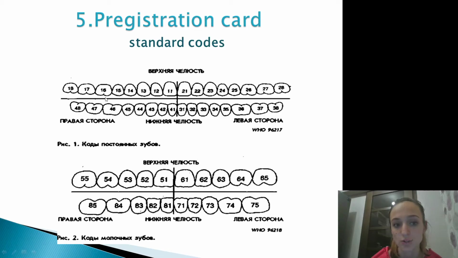Understand? It is the first sextant. In the second sextant, for example, you treat tooth 24. But in children, in the temporary teeth, we use number 5 in the first sextant, 6 in the second sextant, 7 in the third sextant, and 8 in the fourth sextant. Please remember.